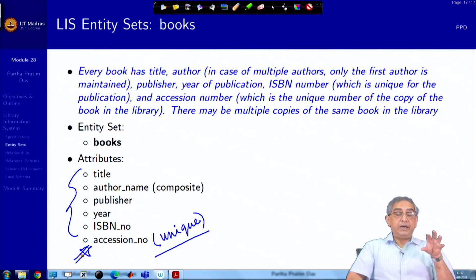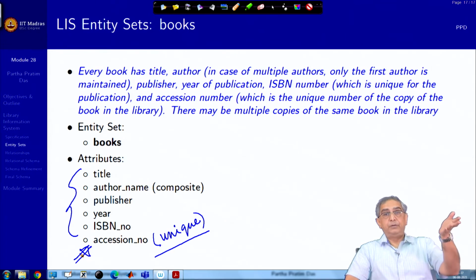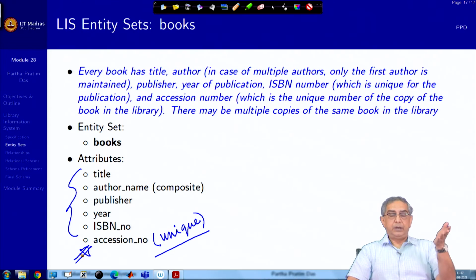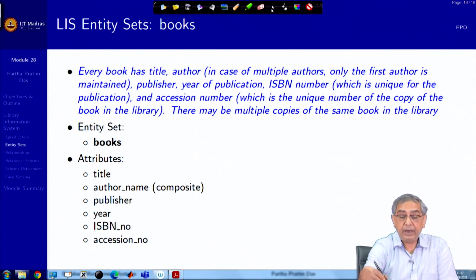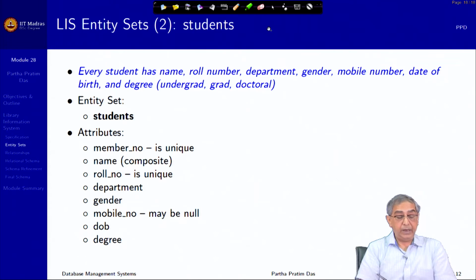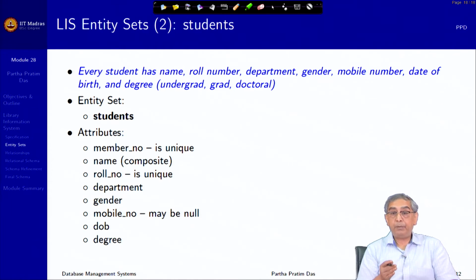So, this identification of uniqueness is very important, as you understand, because after having done the basic extraction of entities and attributes, you will also have to mark the key attributes in the process. Similarly, in students, there is member number and roll number.